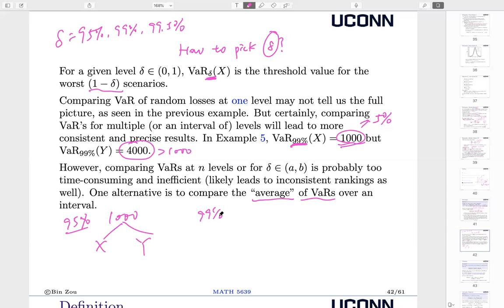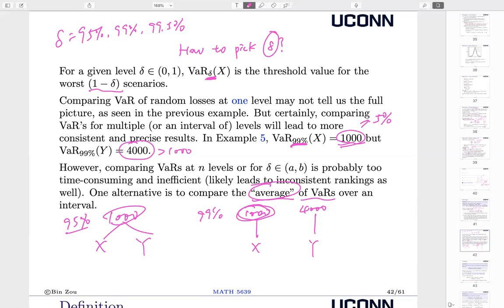Or it could be 99, then for X it is 1,000, for Y it is 4,000, right? We can continue for any number, like 96, 97. In the end, what we want is to average all those numbers together to see which one is bigger, right? Because here, even by eyeballing, we know that the average in the case of Y will be bigger than the average in the case of X, because there's no averaging effect on X, it's always 1,000.